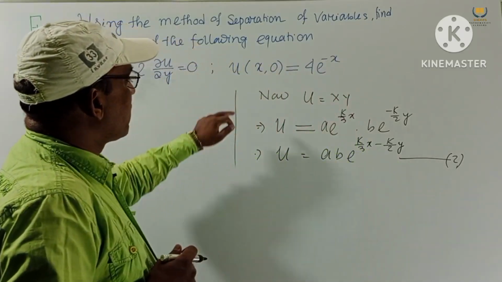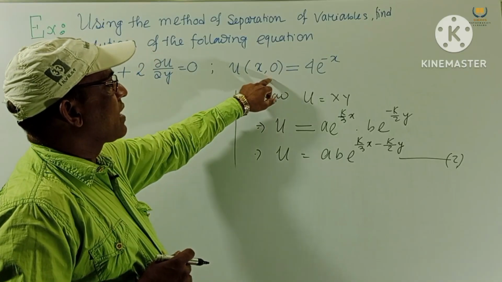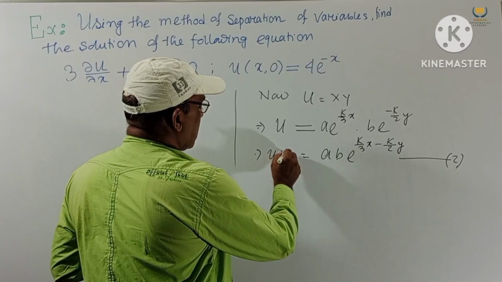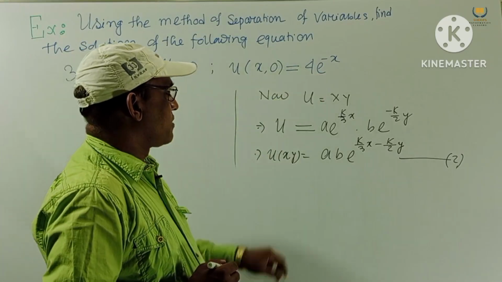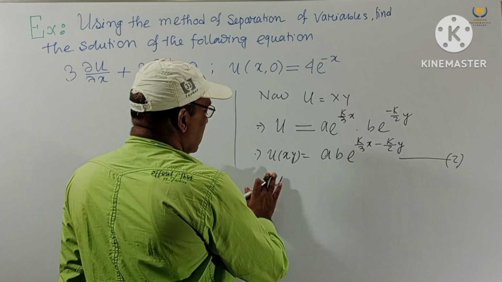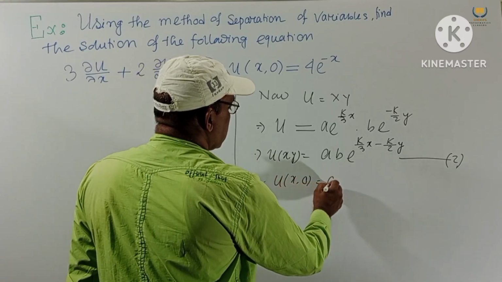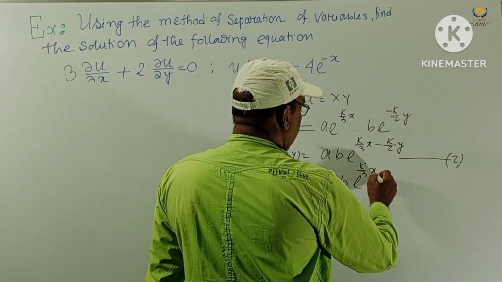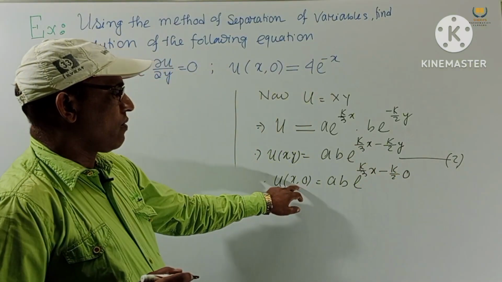But our initial condition given is u of x comma 0 equal to 4 e to the power minus x. That means u of x y, we can write this. But y is 0, then u equal to this. Since u, we directly put here u of x comma 0, that means y is 0: ab e to the power k by 3 x.